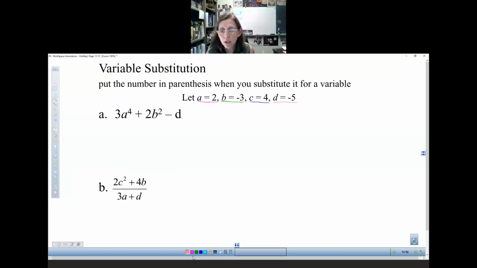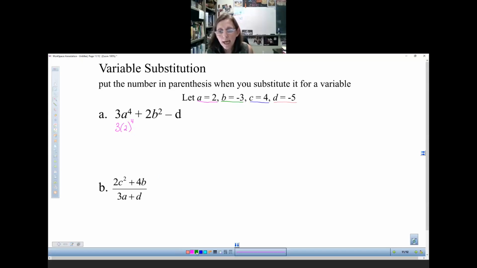So here's what we're going to do. We're going to start with 3. So we have 3 times A to the 4th power. So in place of that A, I'm going to put a 2. Notice how I replaced my variable with a parentheses. I will almost always do that because I think it's helpful for you to see that something is going in there, okay?